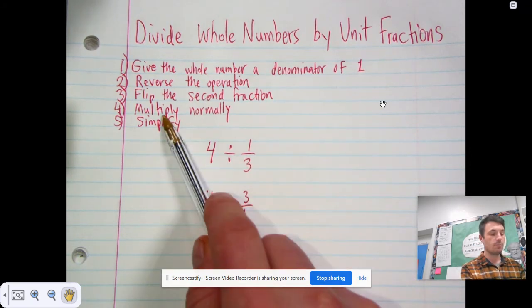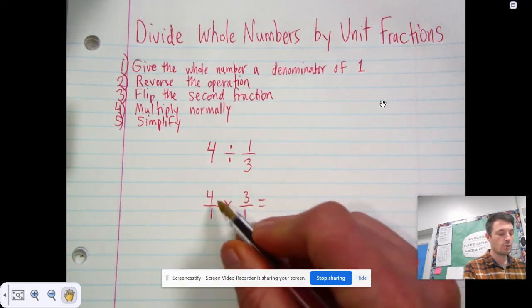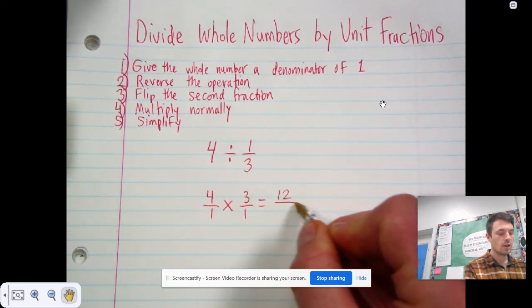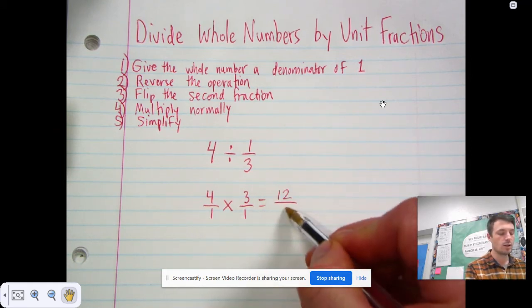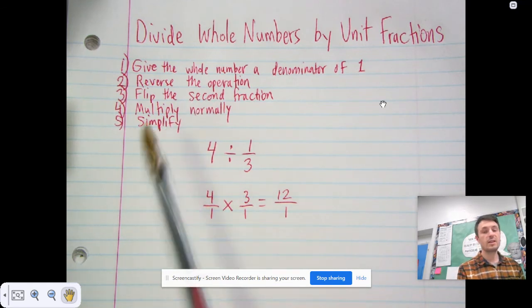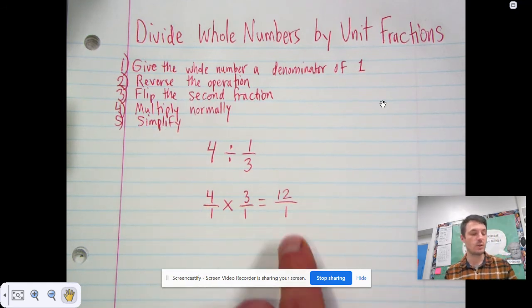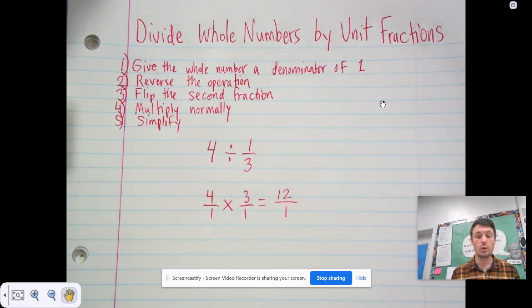Step 4 is multiply normally. That means we multiply the numerator times the numerator. 4 times 3 is 12. And we multiply the denominator times the denominator. 1 times 1 is 1. And step 5 is simplify. That means we take 12/1, and simplifying it means we write it as a whole number instead of a fraction.